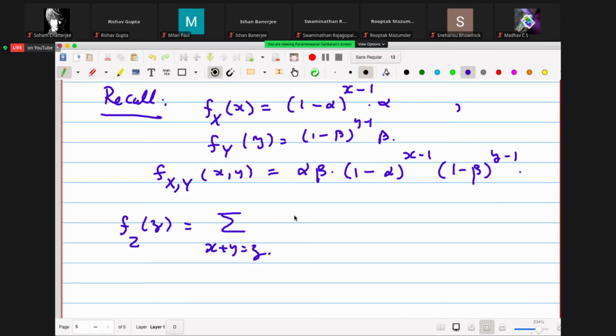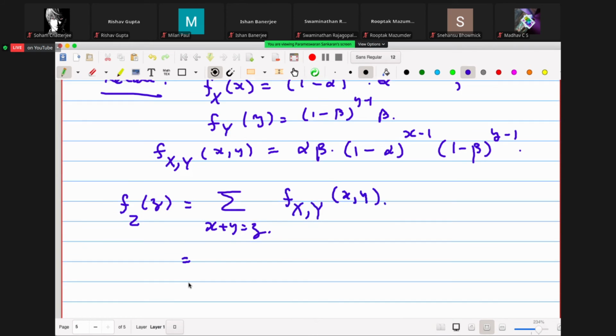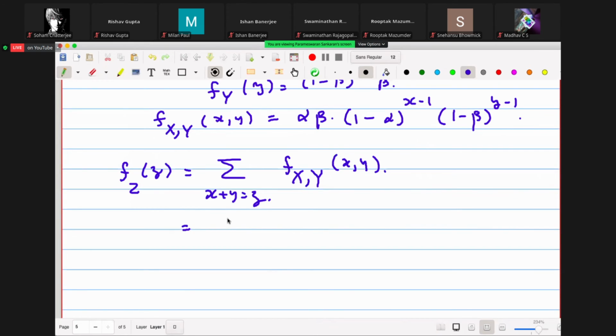yeah, so fXY, just write this condition first of x comma y. This is equal to the summation of alpha beta (1 minus alpha) to the power x minus 1 times (1 minus beta) to the power, well, y minus 1, and y is z minus x.